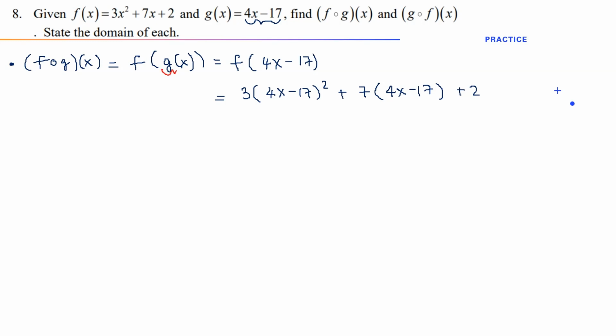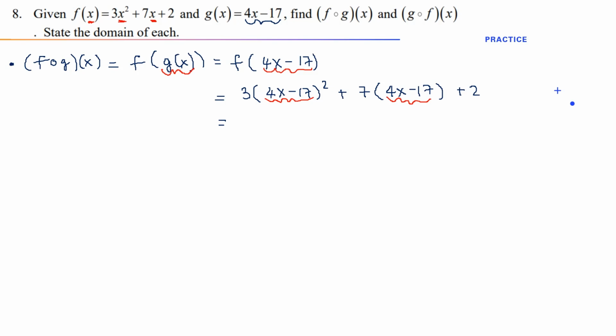Remember, g of x is 4x minus 17, so that is the value you plug in for the x of f of x, right? So we have to simplify this one.